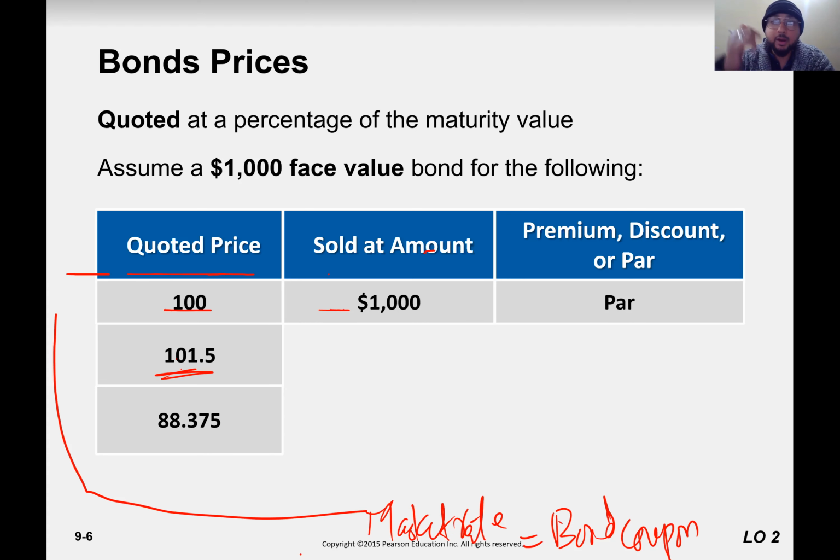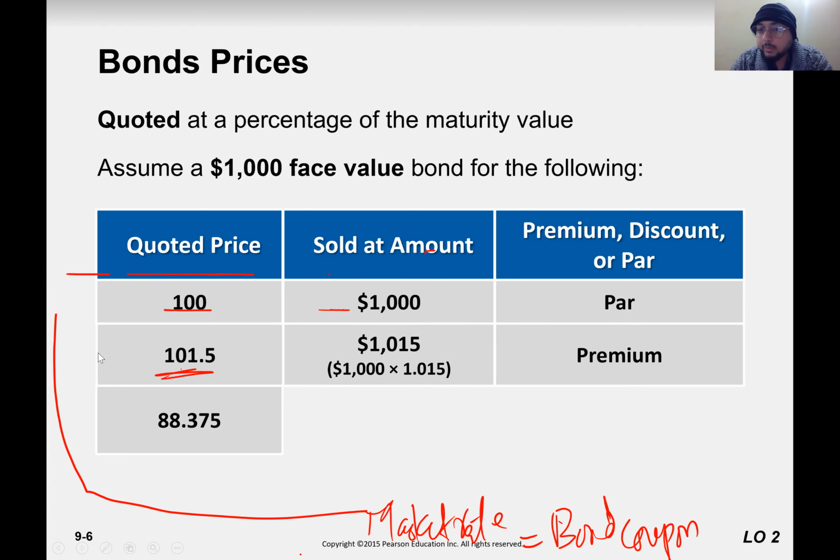It means above par. So this is the case of premium. What does it mean? It means the bond is trading at a premium. And how much? You just convert it into a percentage: it is 1.015, above par, it is premium.